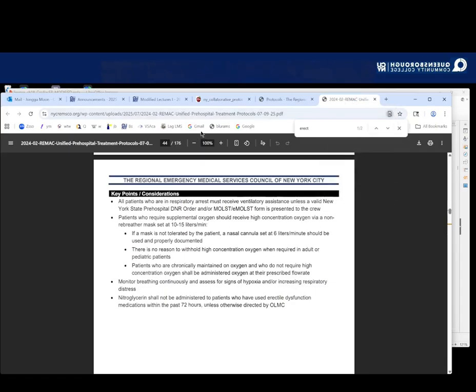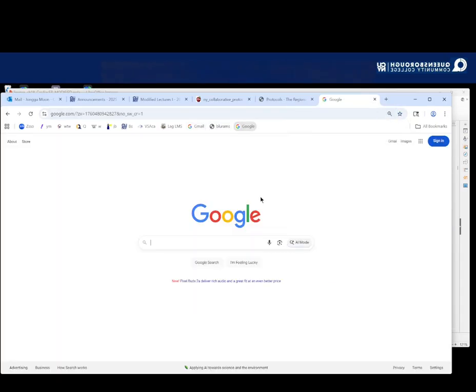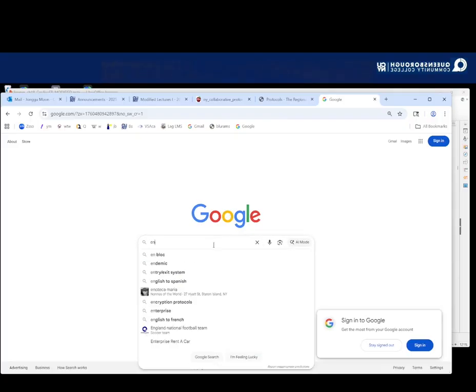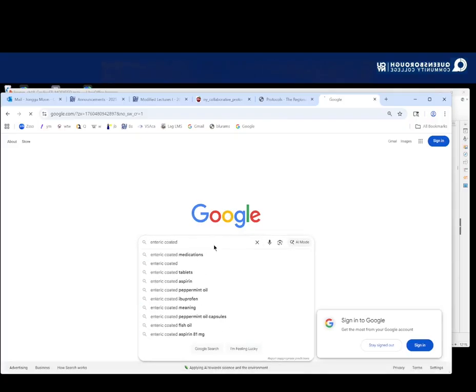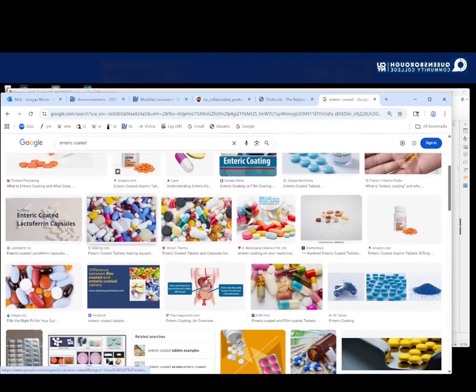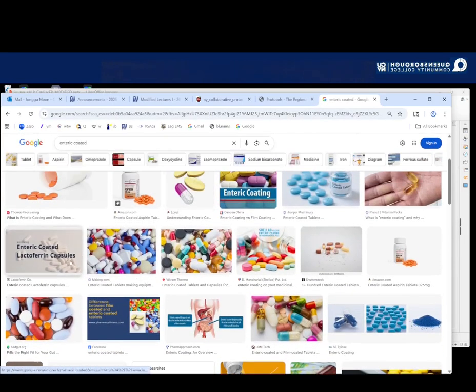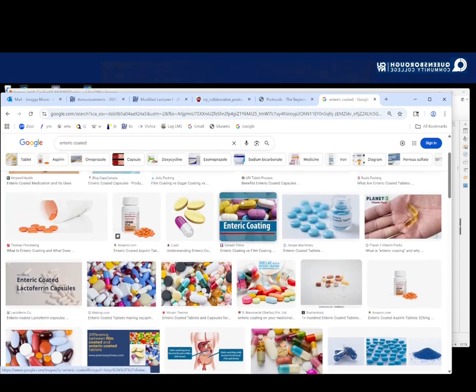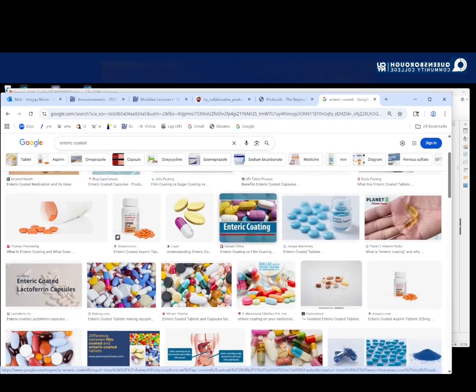Let's go. I think we don't need the protocol anymore. Let's go to enteric coated medication, and this is what I'm talking about here. You see labels like that, and what enteric coated means is they cover the pill with something that will make it take longer to dissolve in the stomach, because they want it to dissolve slowly.